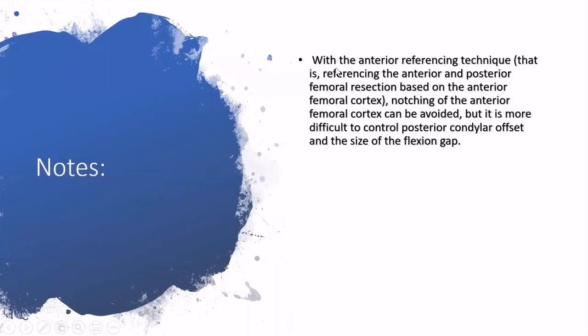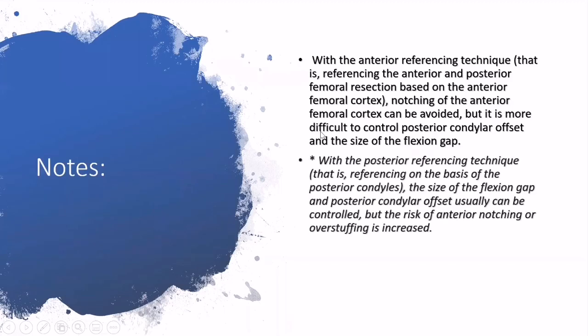Another note is the difference between the anterior referencing technique and the posterior referencing technique regarding sizing of the femur. With the anterior reference technique, we reference from the anterior cortex without notching, but here you can get variable sizes of the posterior condylar offset.